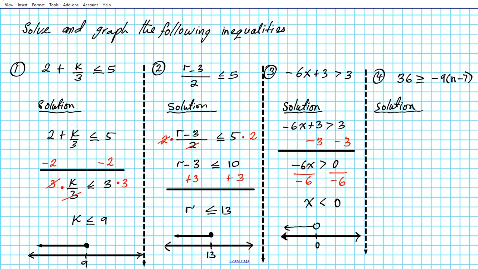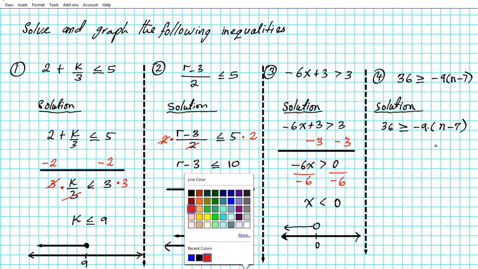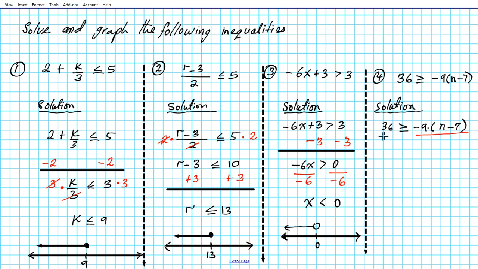So starting from 36 is greater than or equal to negative 9n minus 7, we want to start by dividing both sides by negative 9, because negative 9 is being multiplied by this quantity that contains the variable we are solving for. So we're going to divide by this number, negative 9.